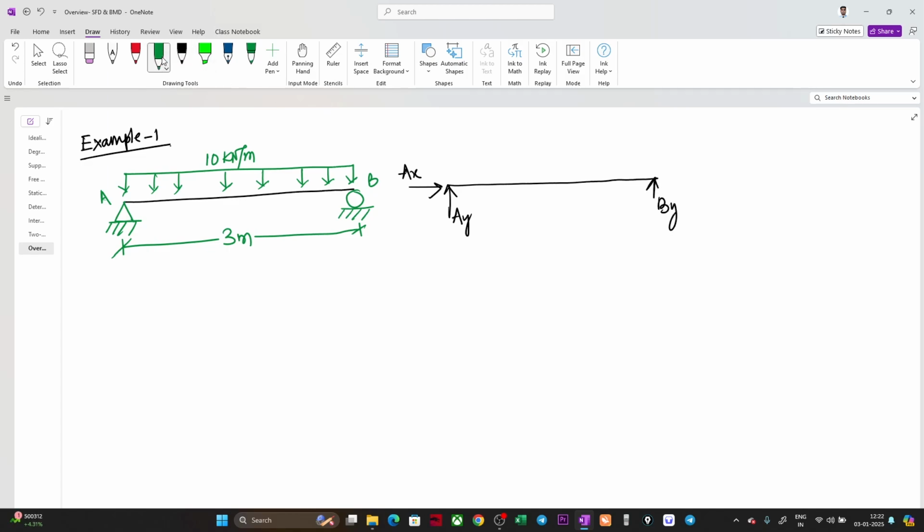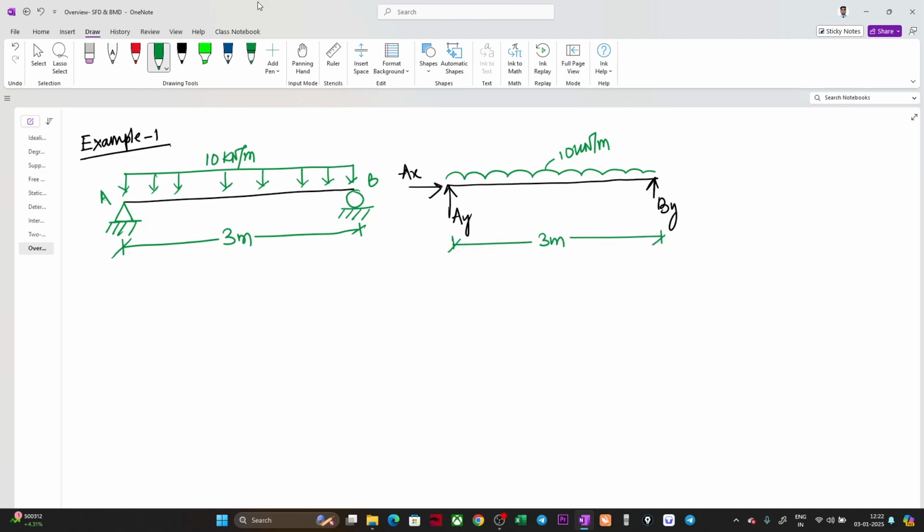We have a distributed load of 10 kilonewton per meter. So this is my free body diagram, and this span is basically 3 meters. I will just mark this also.